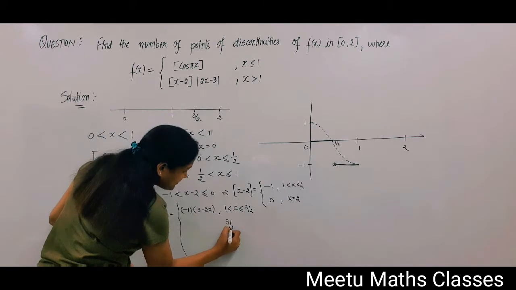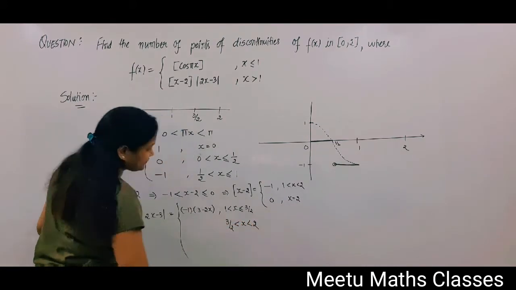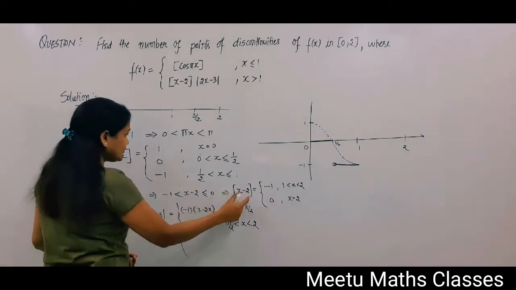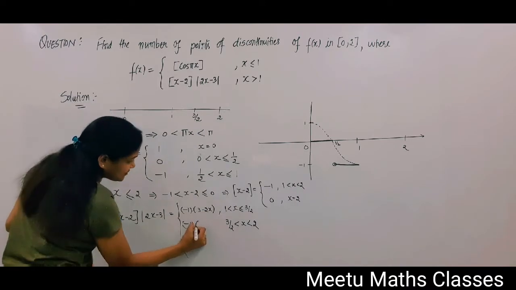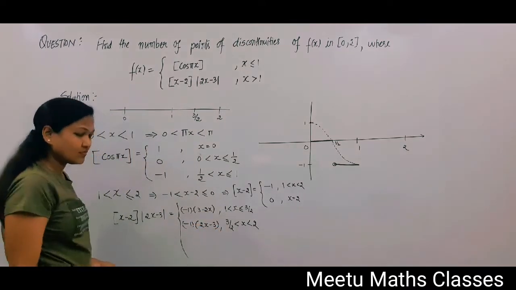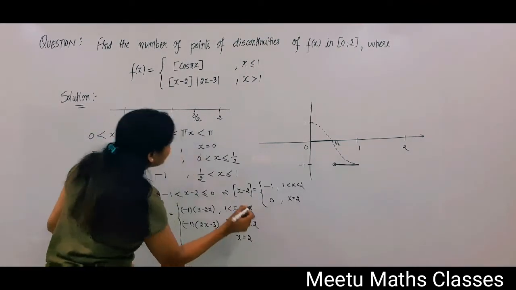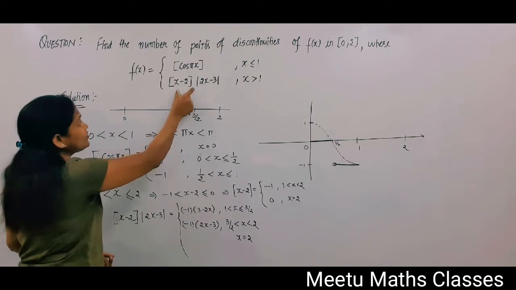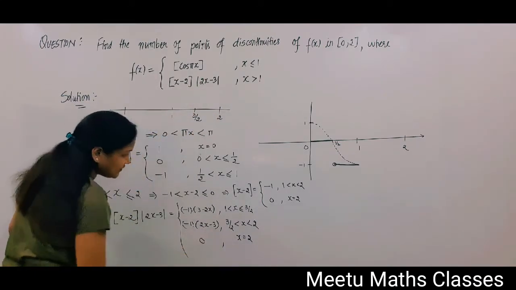And in between 3/2 to 2, your greatest integer function will give you −1 and this modulus function is positive, so it will give you 2x − 3. And when x is equal to 2, this will give you 0, so your final function is 0.